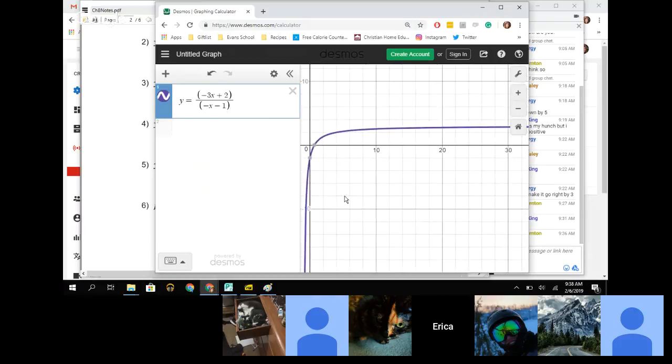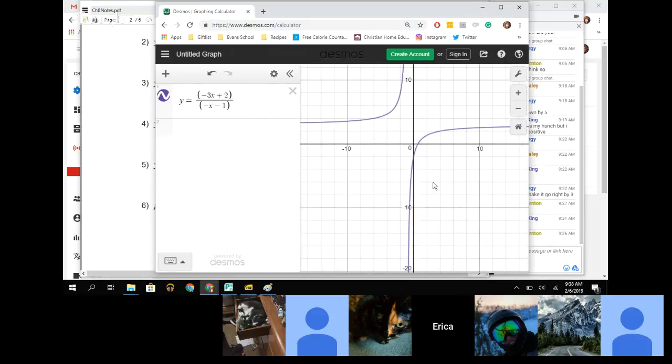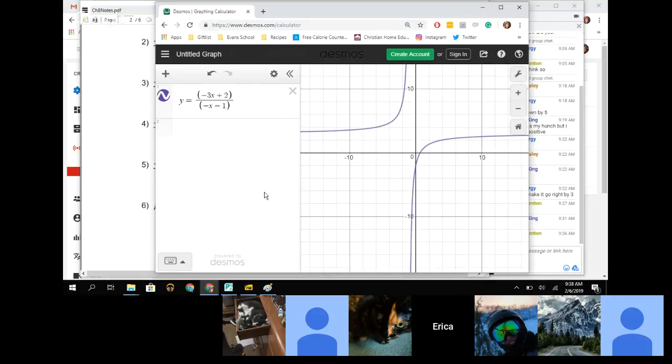Again, I am going to try to find my domain and my range. Another way you could do this if you're on your graphing calculator is type it in here to see how it looks.